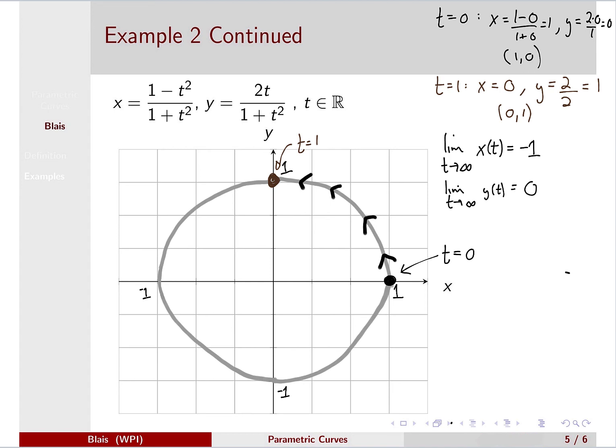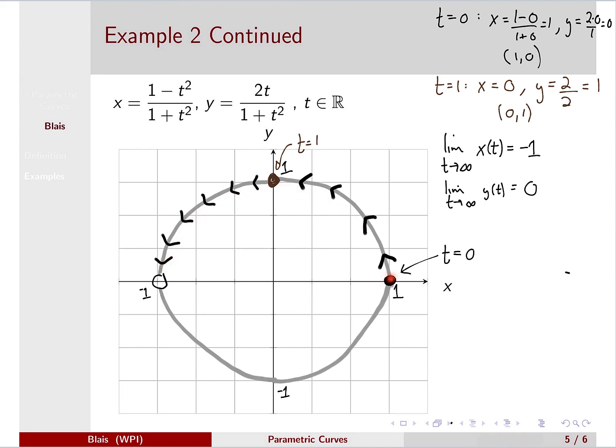So what this means is that as the parameter t is approaching infinity, we're approaching this point, -1, 0. So this parametrization, you can think of it as we're moving counterclockwise along the top of the unit circle.